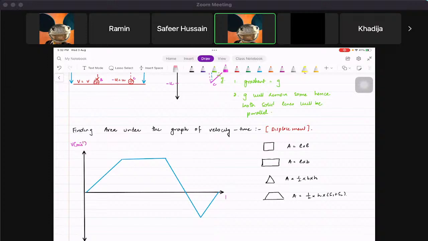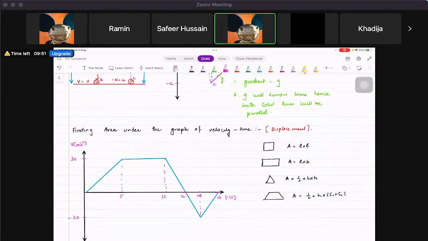This is time in seconds. This is 5 seconds, this is 10, this is 12, this is 14, and this is 16. Here it's 30, and that's negative 20.